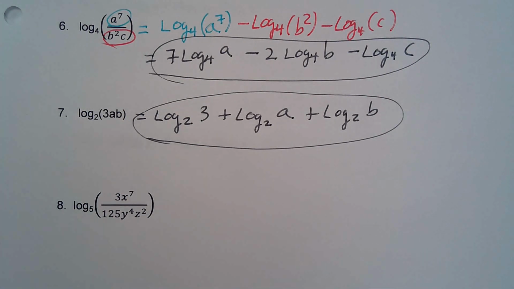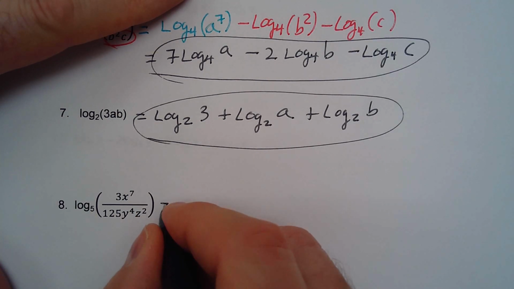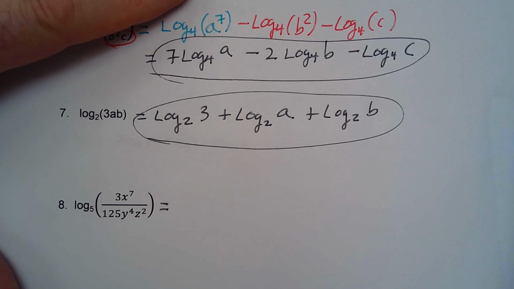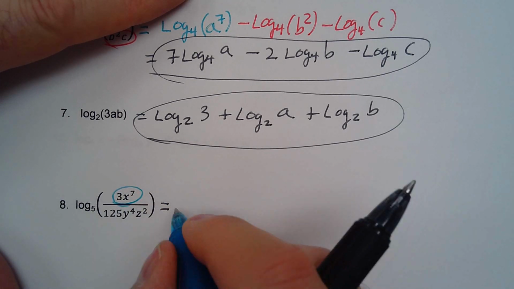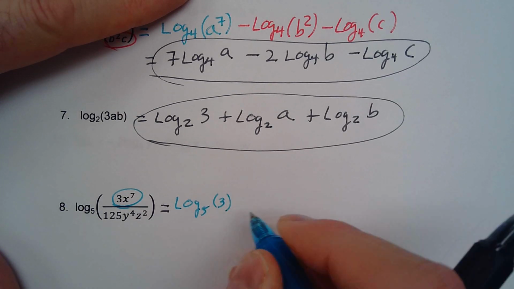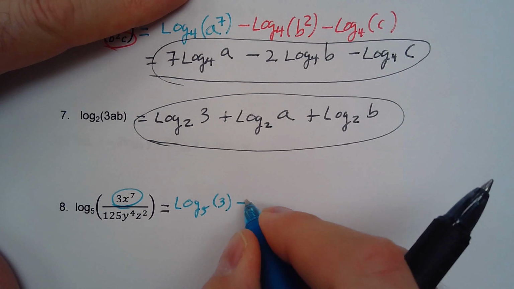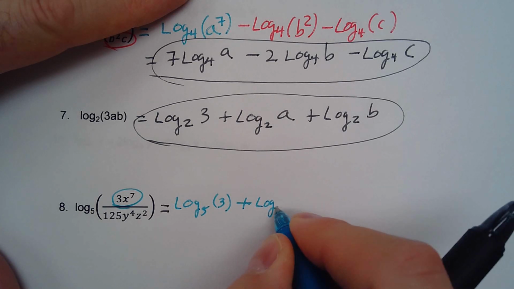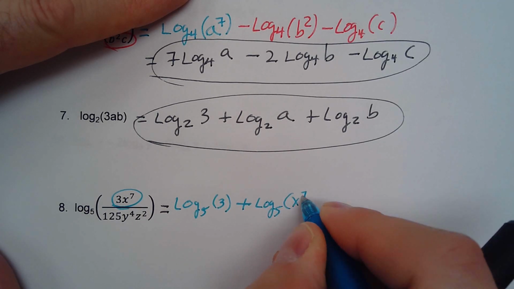Alright, this next one's a little bit more complicated. So let's tackle the numerator first. This is log base 5 of 3 plus log base 5 of x to the 7th.